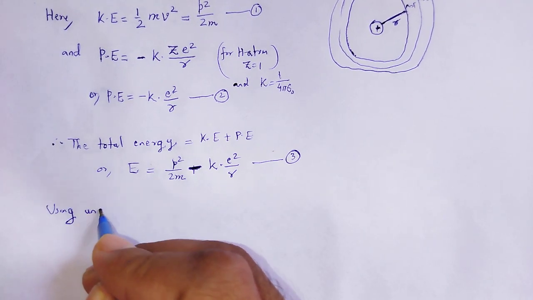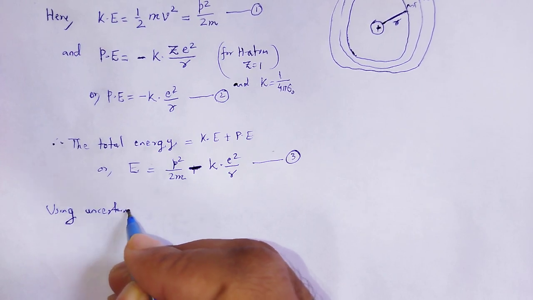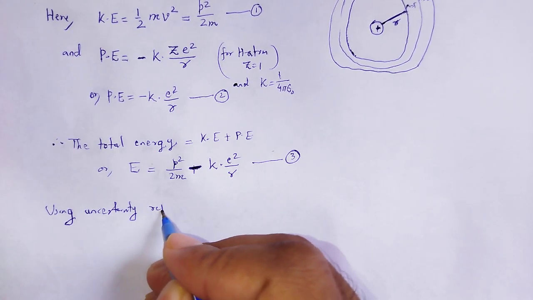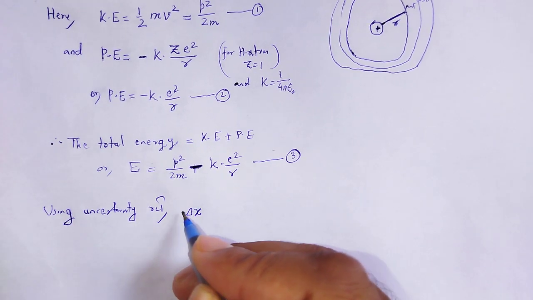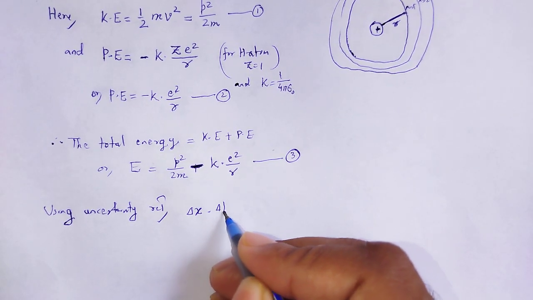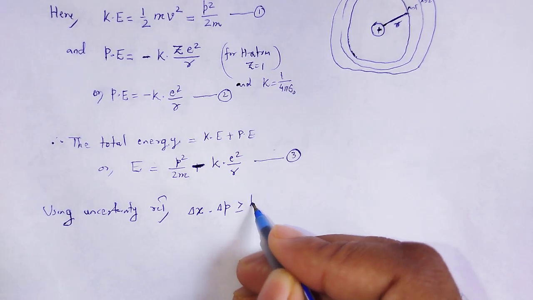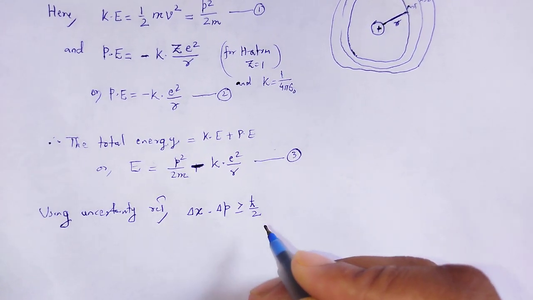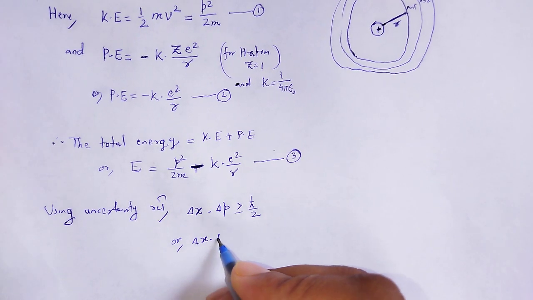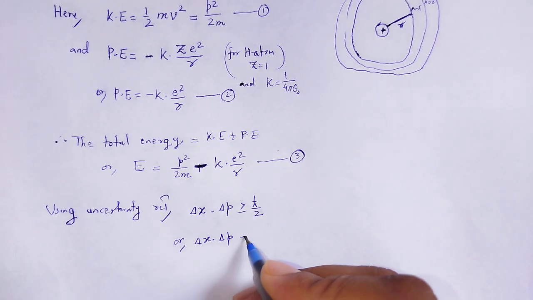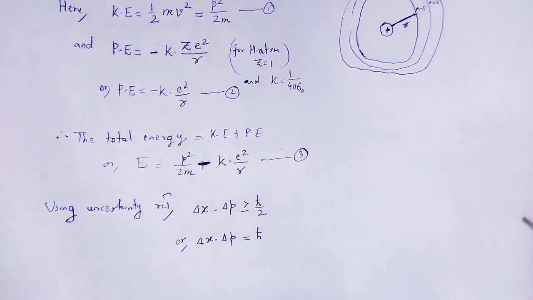Using the uncertainty relation, uncertainty in position times uncertainty in momentum is greater than or equal to h cut by 2. Here we prefer del x del p is equal to h cut.